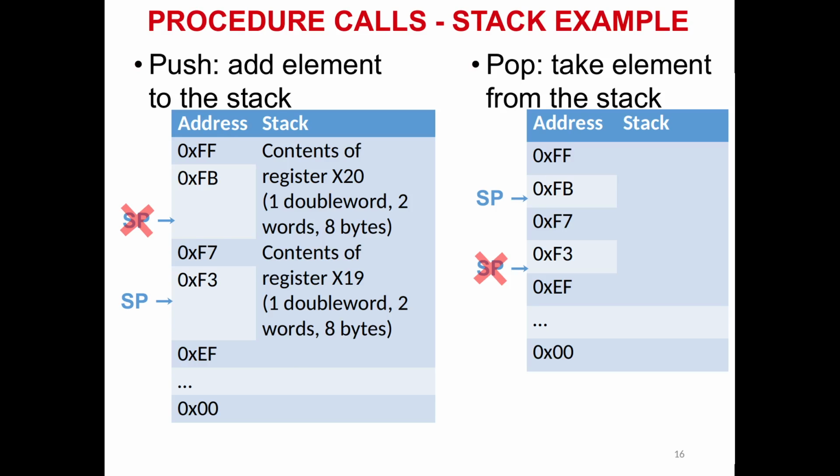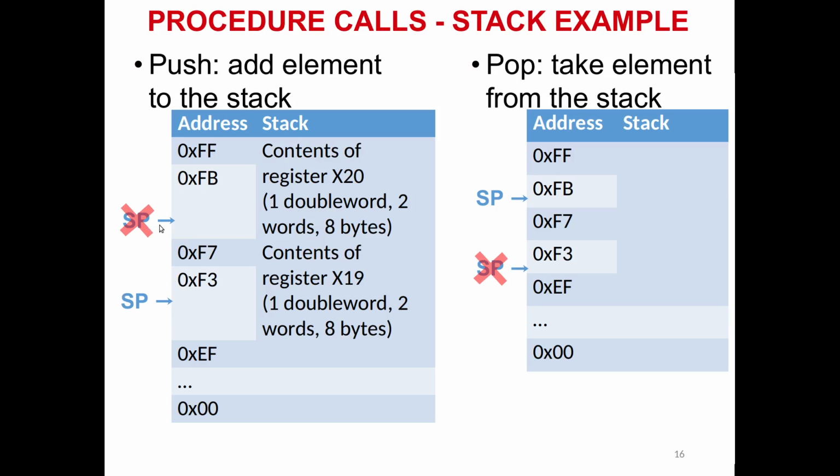And you have two operations with the stack: push and pop. Push will write your data from a register into the memory shown by the stack pointer. And you also need to reduce the value of the stack pointer by 8 to show the location where the next data can be stored in the stack.